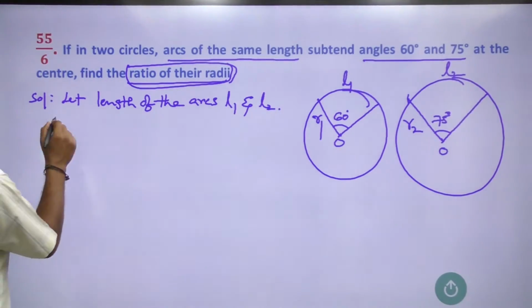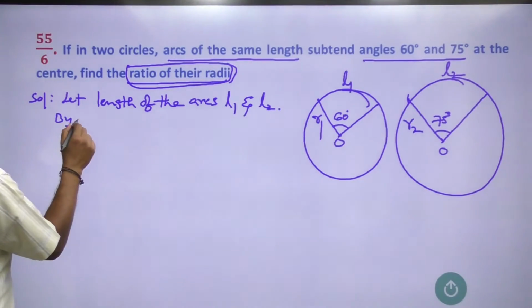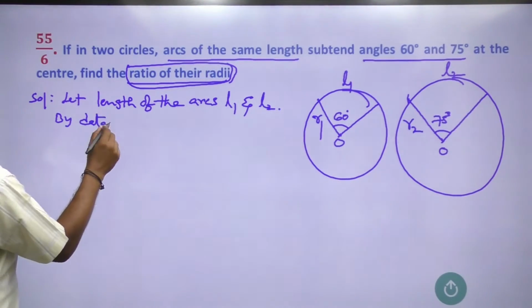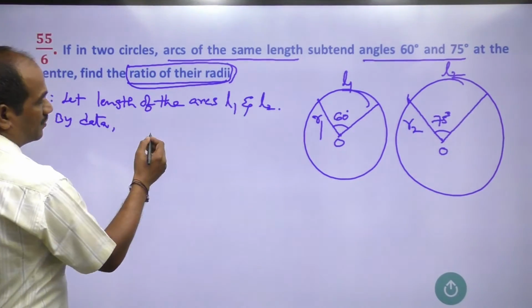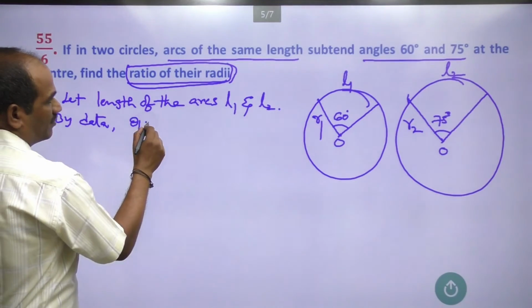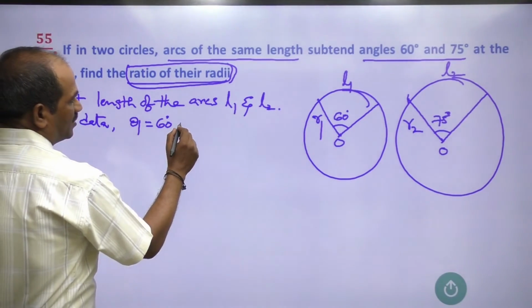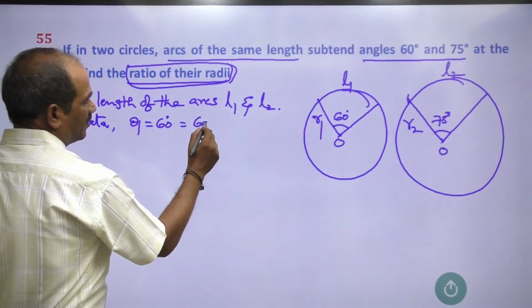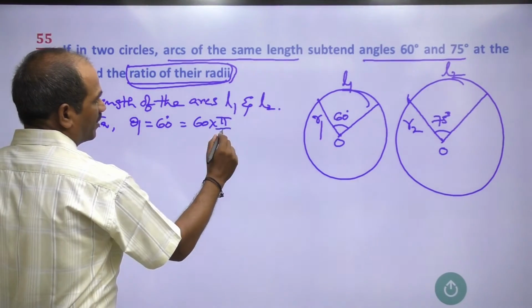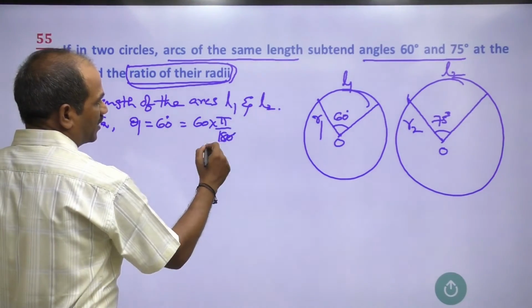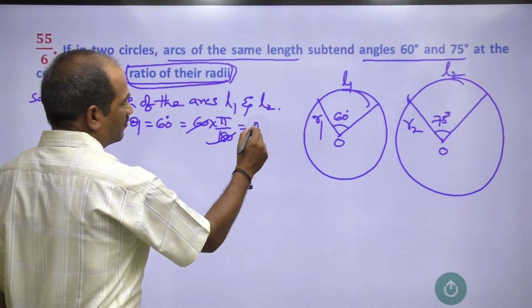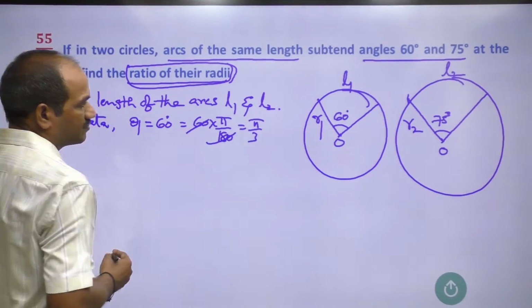Next, by the given data, first theta 1 is equal to 60 degrees, which is equal to 60 into pi by 180. This cancels three times, so that is equal to pi by 3 radians.